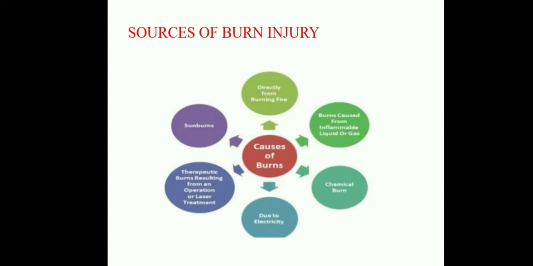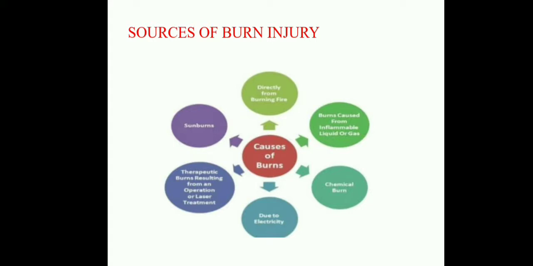Coming to the sources or causes of burn injury, why does it occur? The first one is directly from burning fire. Children do not know about burning fire, and it may cause burns.